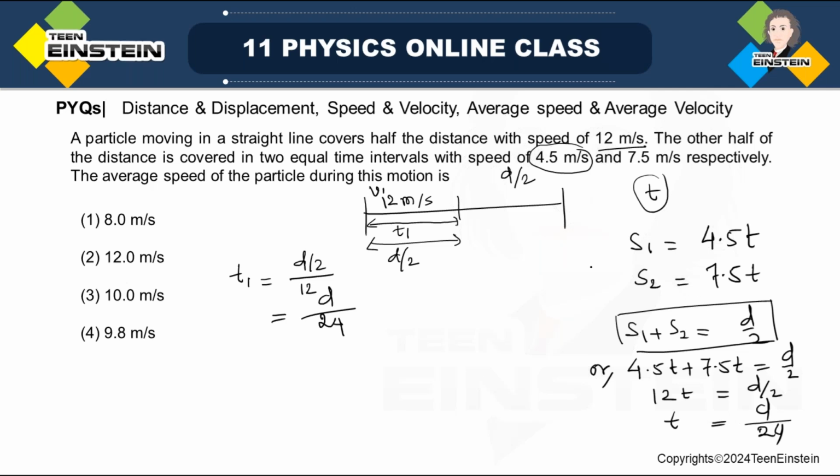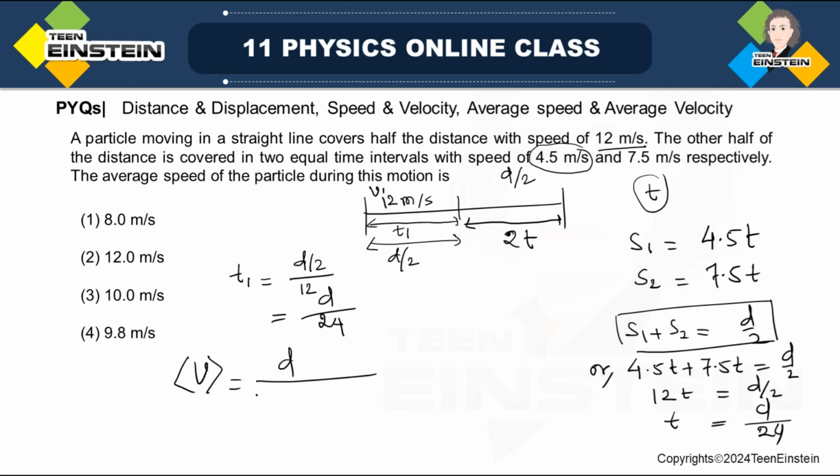So how much time is taken here totally to cover the d by 2 distance? That is 2 of this t that I have obtained here, isn't it? Now to find the average speed, what do you need? The total distance traveled, that is d, and the total time interval.